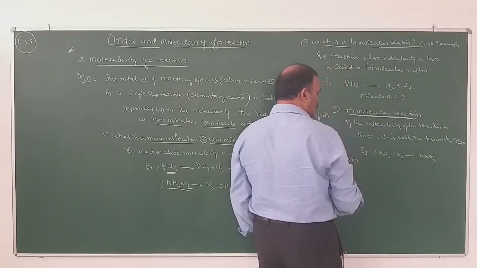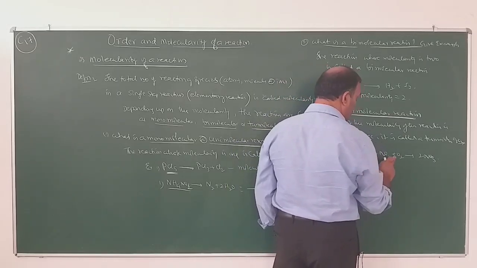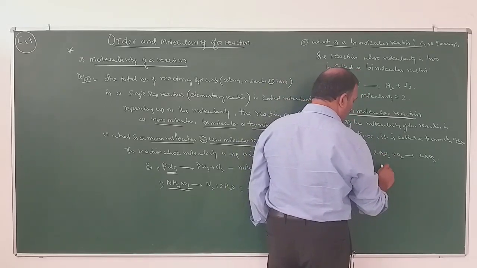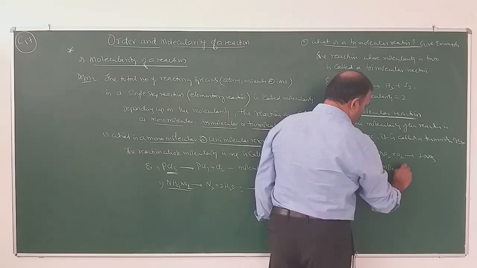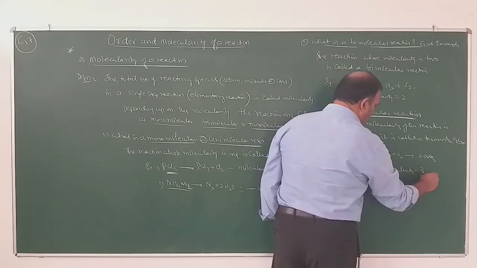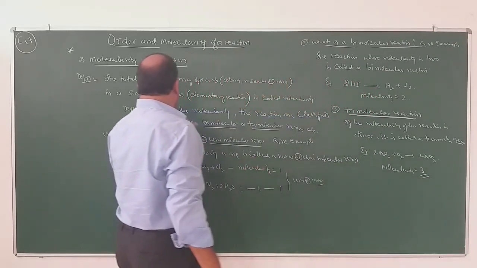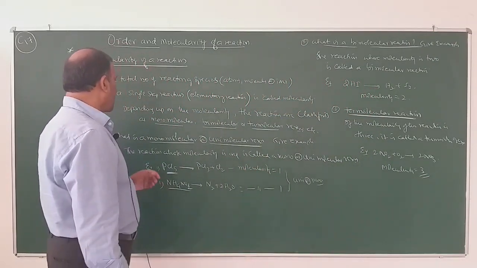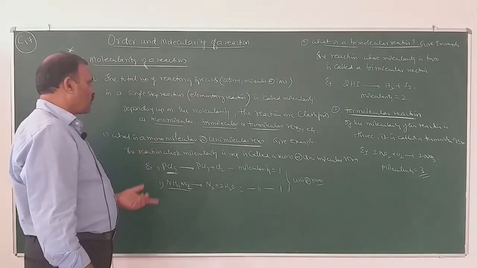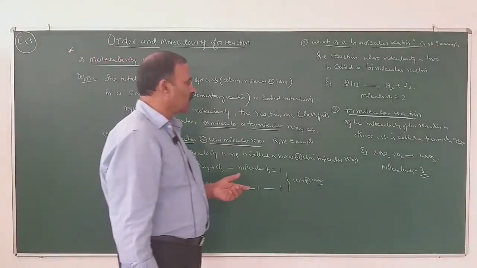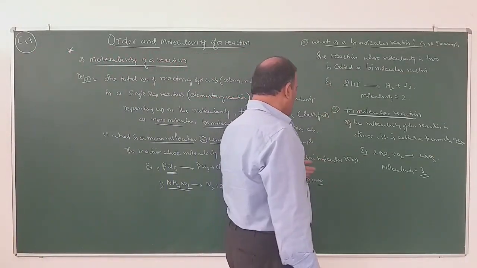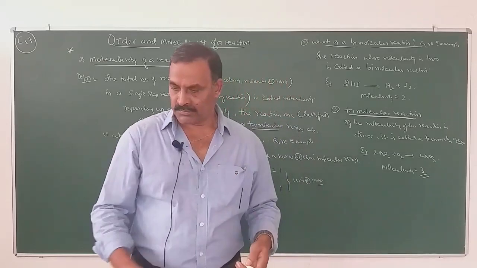So here, what is the total number of molecules of reactants you have to consider? 2 plus 1, 3. Therefore, molecularity equals 3 and it is a termolecular reaction. So the definition of molecularity, and what is monomolecular, bimolecular and termolecular reactions, with examples, you have to note down.